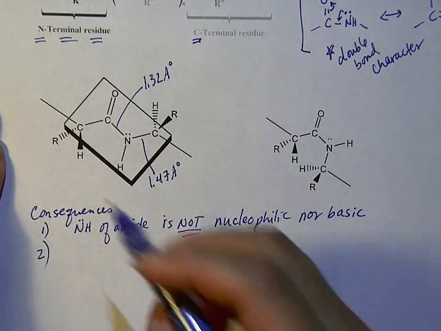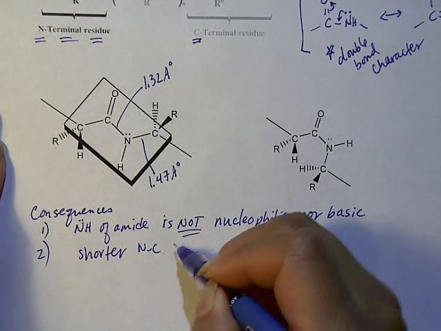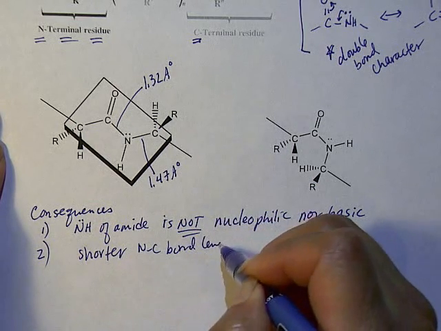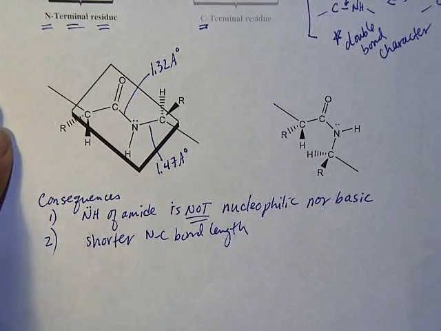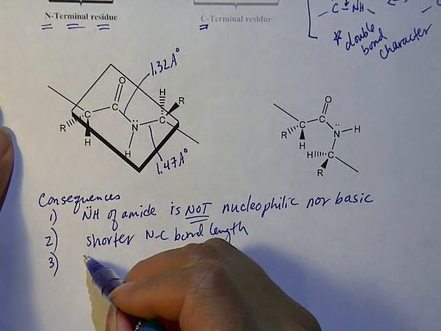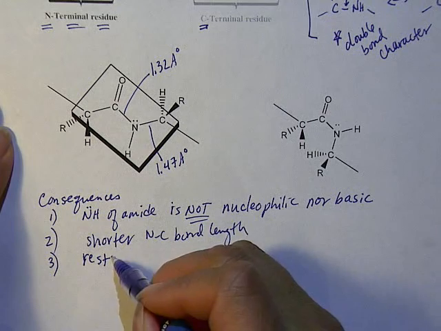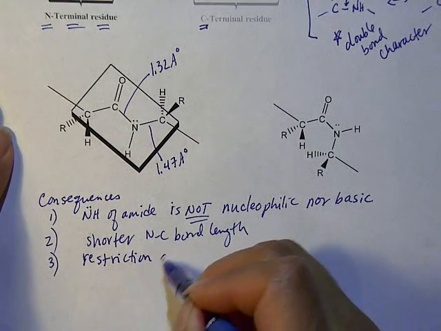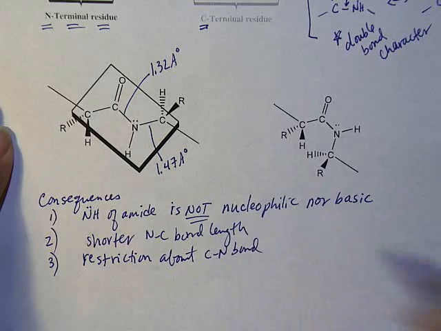And we already talked about the shorter C-N bond length. Because of the double bond character, the other consequence is that there is restricted rotation about the C-N bond.